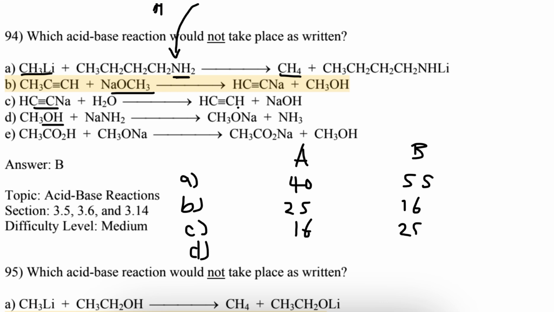OH, lost an H, it's an acid, 16, because it's an alcohol. Here, it's an amine, make sure it's not a protonated amine. It's an amine, 40. And lastly, E, carboxylic acid, and the alcohol that gained an H.